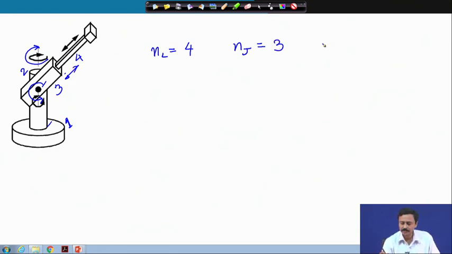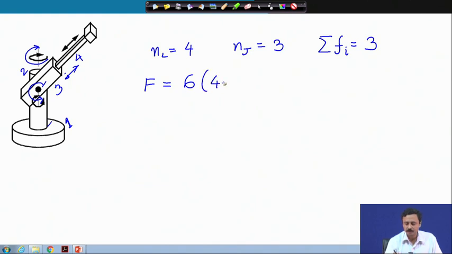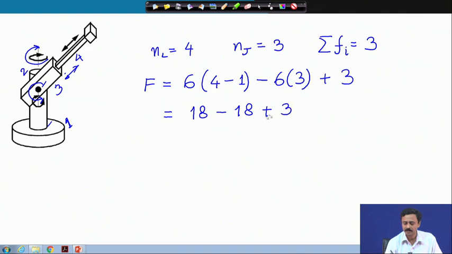Therefore, 3 joints, and summation of degree of freedom of each kinematic pair. So, these are revolute, prismatic. So, they have all 1 degree of freedom. So, we have summation as 3. Therefore, degree of freedom now becomes 6 times, this is a spatial mechanism, remember. So, this is 6 times 4 minus 1 minus 6 times 3 plus 3, that gives us 18 minus 18 plus 3.